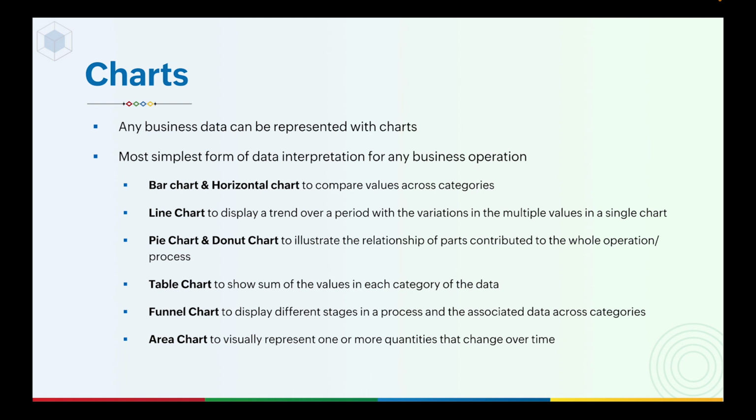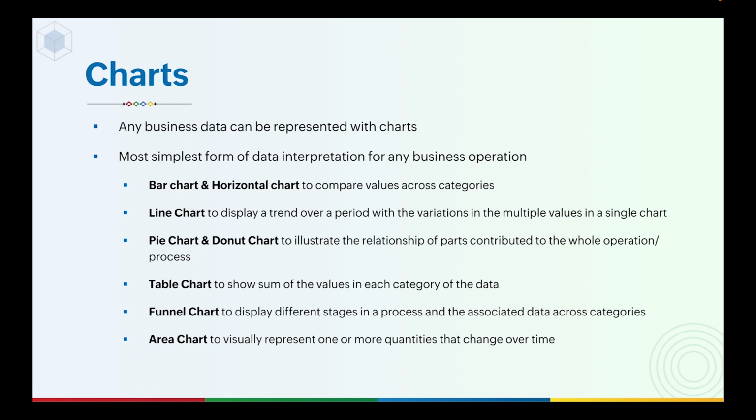Pie chart and donut chart: to display data that is divided into triangular areas proportional to the percentages of the whole and used to illustrate the relationship of parts to the whole. Table chart: you can use this to show some of the values in each category of the data. The funnel chart: you can use this to display different stages in a process and the associated data across categories. Area chart: to visually represent one or more quantities that change over time.